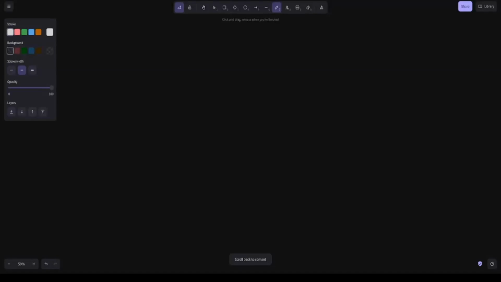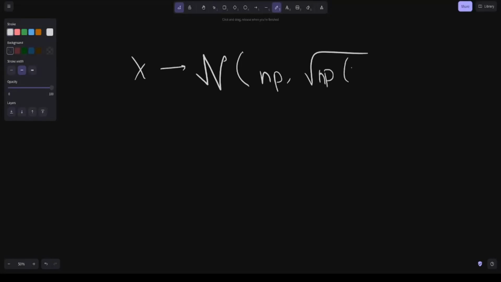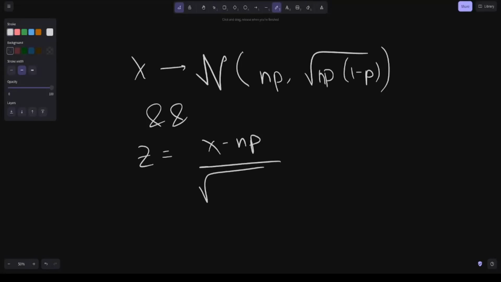Now a pretty useful equation you will need to know is that when we have X tending to the Gaussian curve with mean np and standard deviation root over np(1-p), and Z is equal to (x minus np) by root over np(1-p), we can say a binomial becomes a Gaussian.